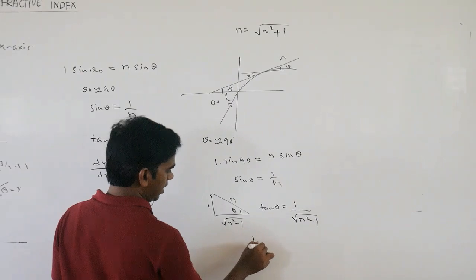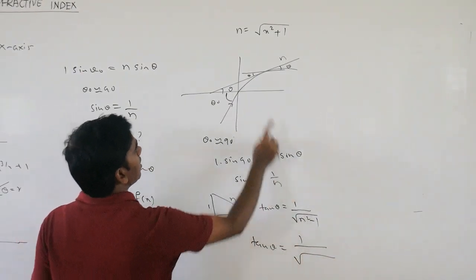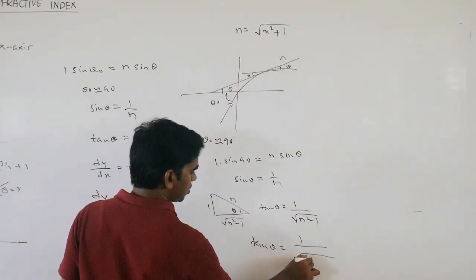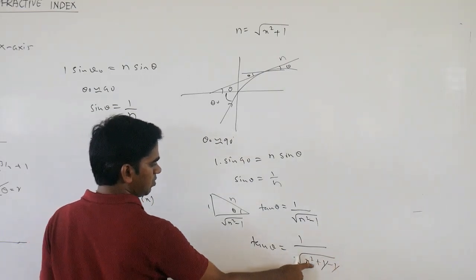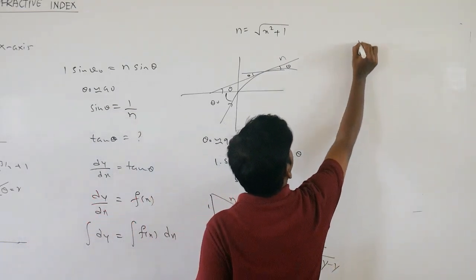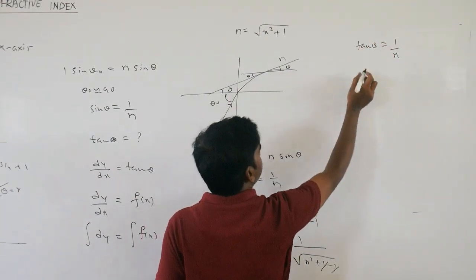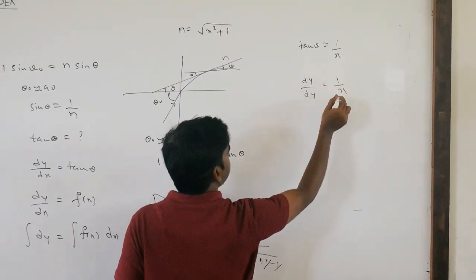So tan theta equals 1 divided by root of n square minus 1, that is, 1 divided by the square root of (x square plus 1) minus 1. What will happen? This will become x square plus 1, and this is minus 1. The 1 will get cancelled, so tan theta will become 1 by x. Tan theta is dy by dx, that is nothing but the slope, so it is 1 by x.